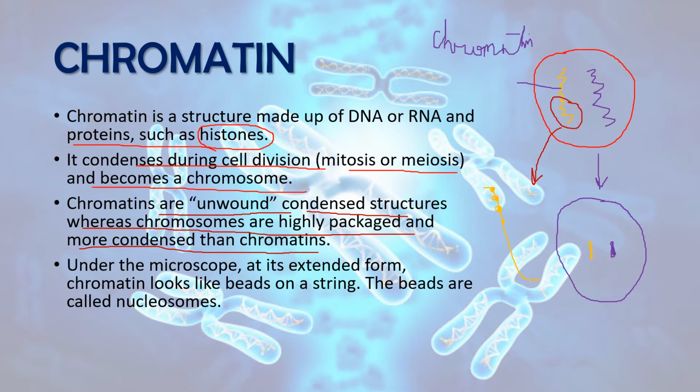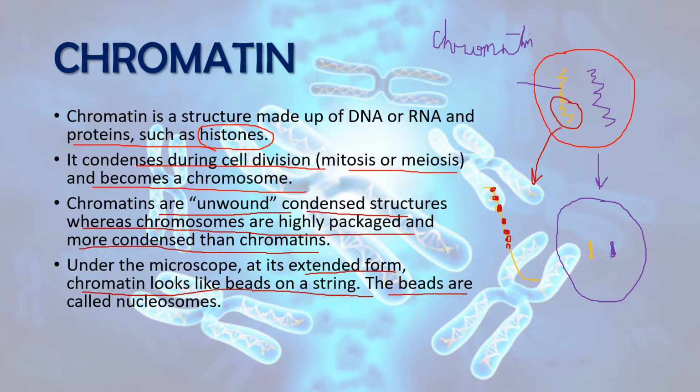Let me change the color. We will take red. Under the microscope, the thread of chromatin will look like these dotted structures. So in its extended form, meaning loosely compact form, chromatin looks like beads on a string.